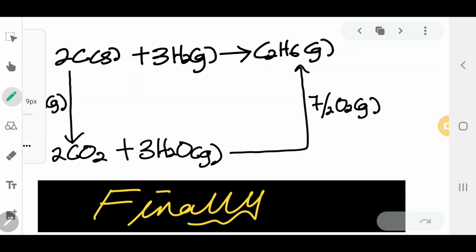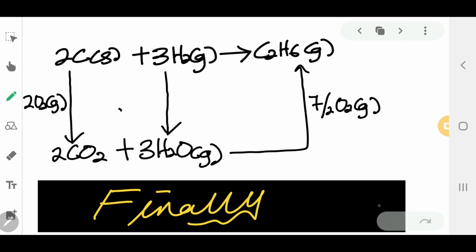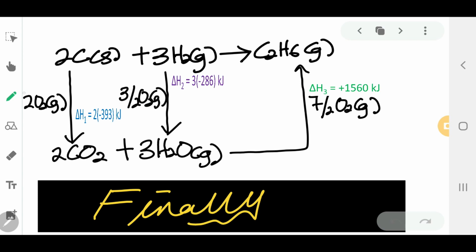You're just going to be taking this, take that arrow like that, and on the side of that arrow, you're just gonna write 3/2 oxygen gas, the one that you have over here. So you get 3/2 oxygen gas.